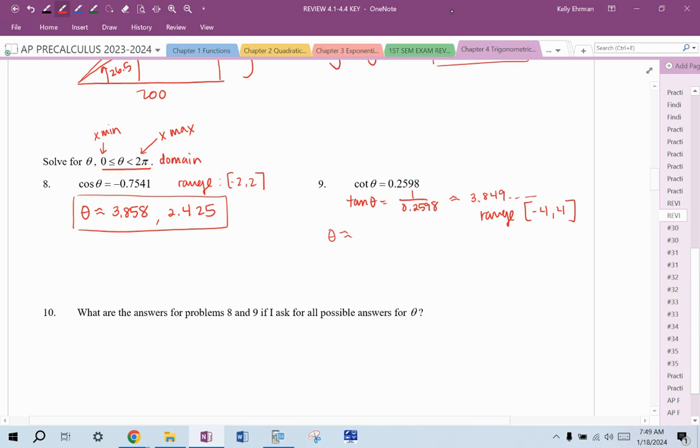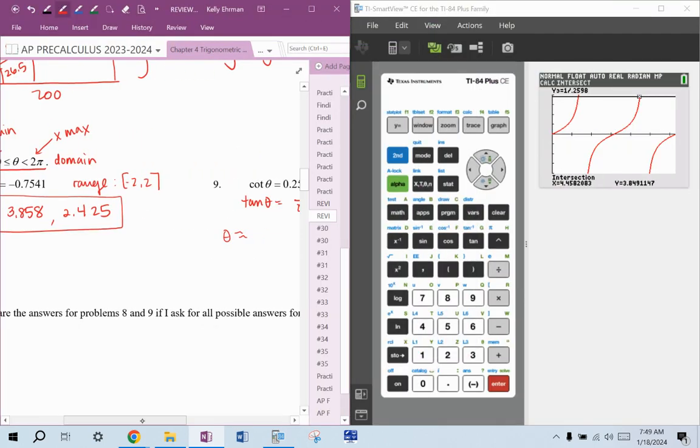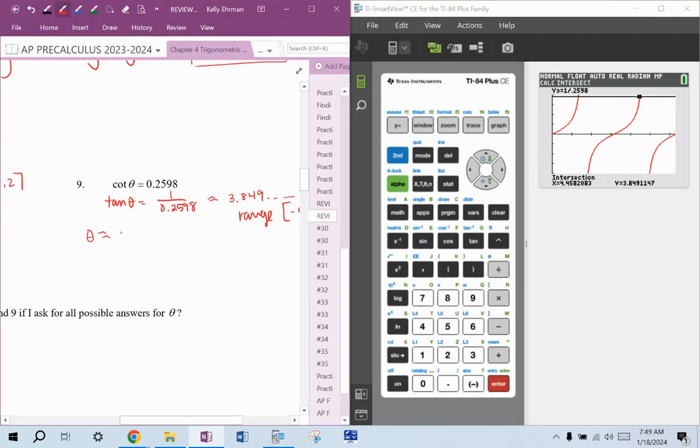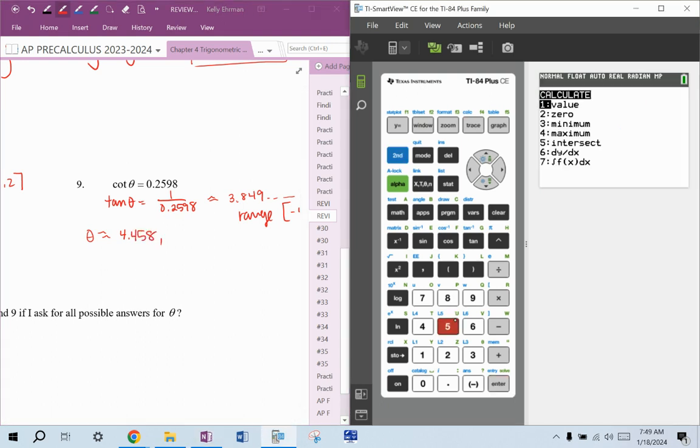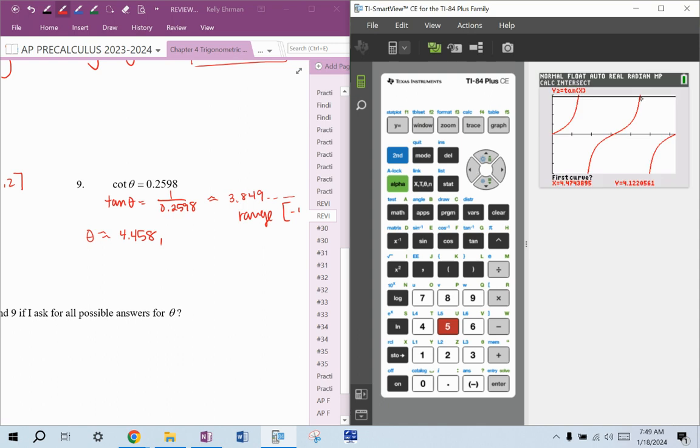So theta is about equal to 4.458. And then to find the other one, it's kind of weird on a tangent graph. But remember, we're like up here, so we need to scroll to the left. Or you could hop to the black line and get it closer there, but I'm going to scroll to the left.